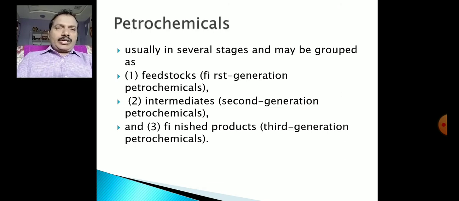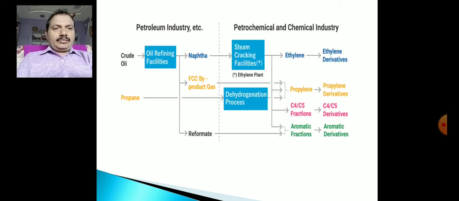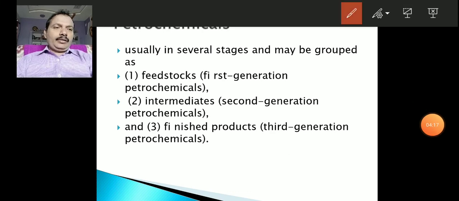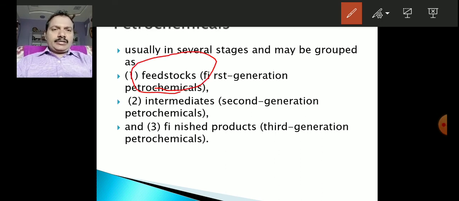So the petrochemicals may be broadly classified into three groups. The first generation petrochemicals are feedstocks. These feedstocks are used by the second generation petrochemicals, that is intermediates.